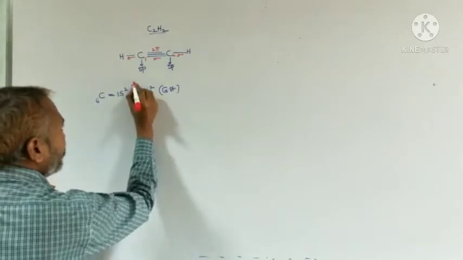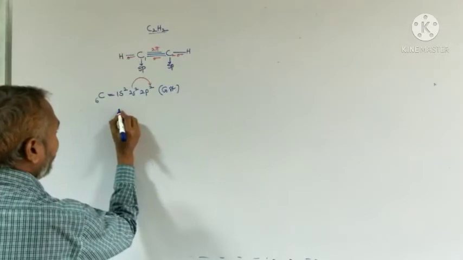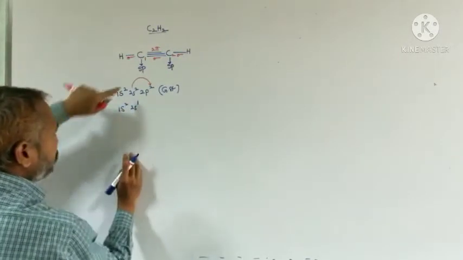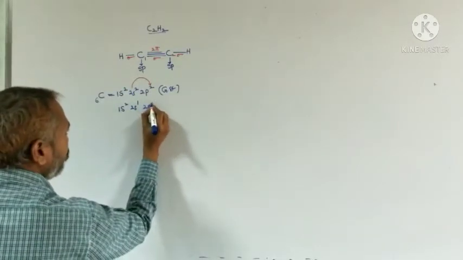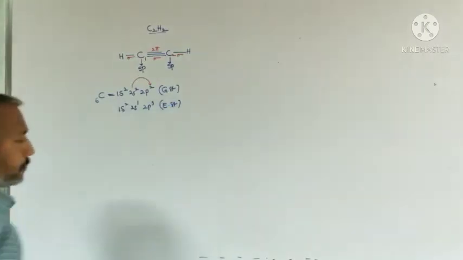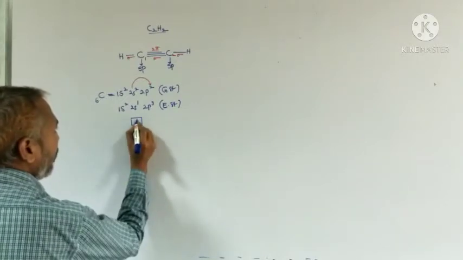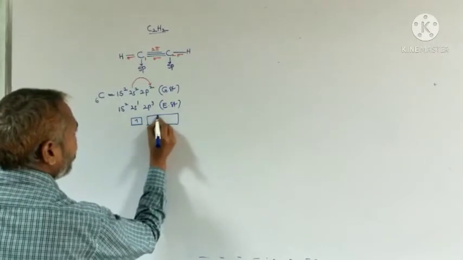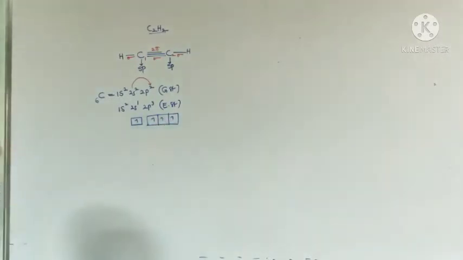After one electron is excited, it is 1s2, 2s1, 2p3, because one electron is excited to the 2p orbitals. This is the excited state configuration. Now the orbital representation: the 2s orbital contains 1 electron, and the 2p orbitals contain 3 electrons.